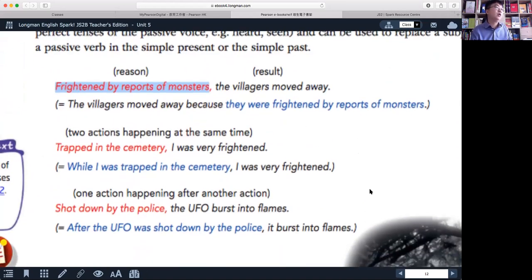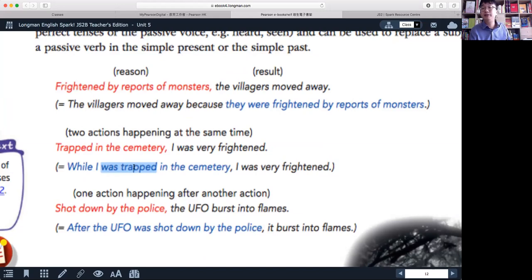Similarly, when we are describing two actions happening at the same time, look at this sentence. While I was trapped in the cemetery, I was very frightened. Can you see here? Was, verb to be, trapped, past participle.